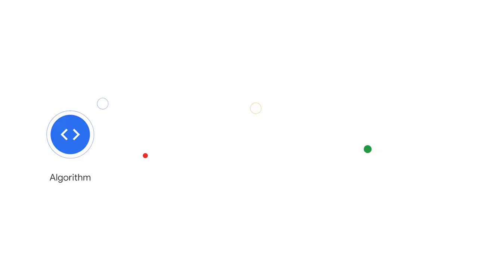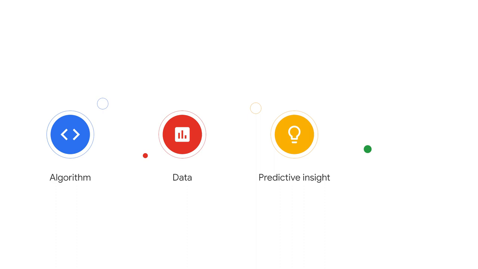And here it is. ML is a way to use standard algorithms or standard models to analyze data in order to derive predictive insights and make repeated decisions at scale. Put simply, it's a way of teaching a computer how to solve problems by feeding it examples of the correct answers.